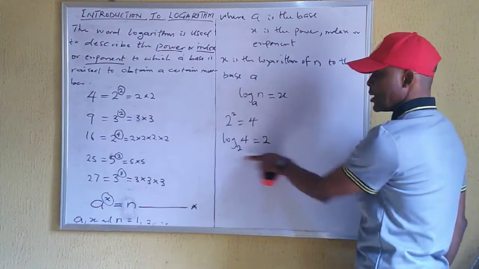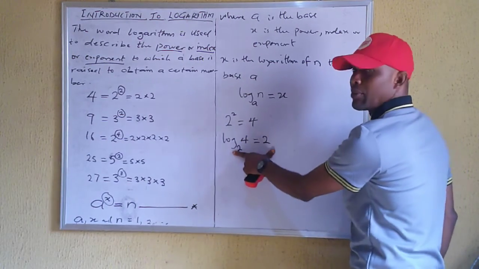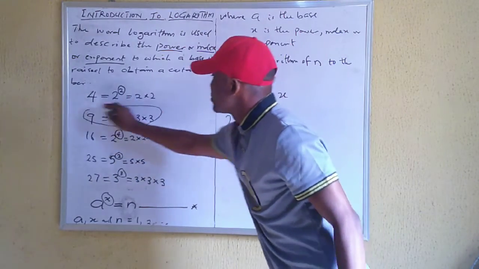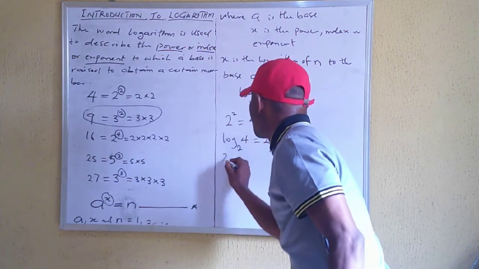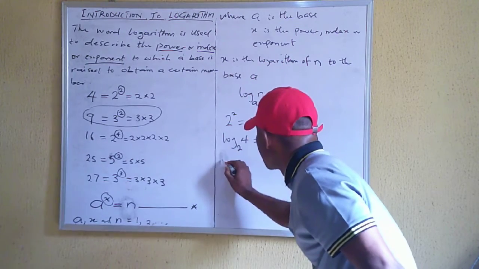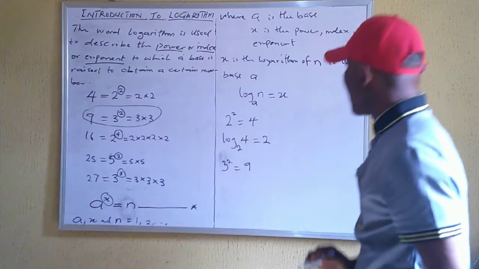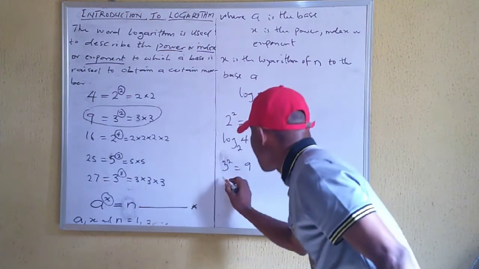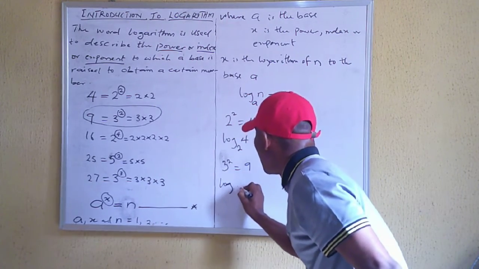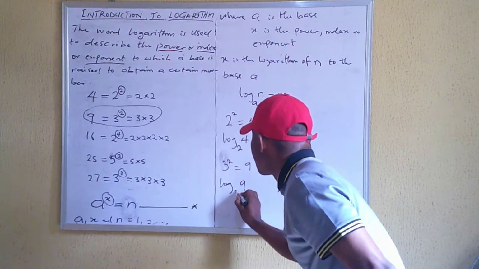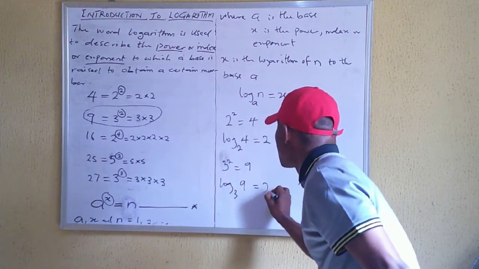This is what this log is interpreting here. Also, if we pick this other number, we have 3 raised to the power of 2 equals 9. This can be interpreted as the logarithm of 9 to base 3 is equal to 2.